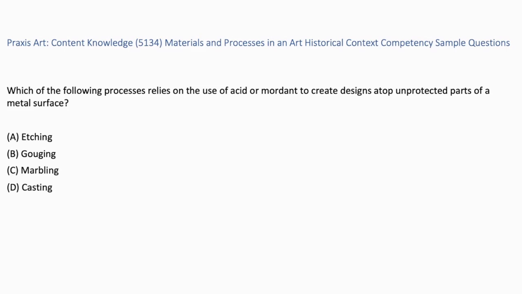D, casting involves pouring molten material into a mold, not using acid to create designs. The correct answer is A. Etching relies on the use of a substance like acid to eat away at unprotected metal parts to create a design. This process is part of what is known as the intaglio printing process.